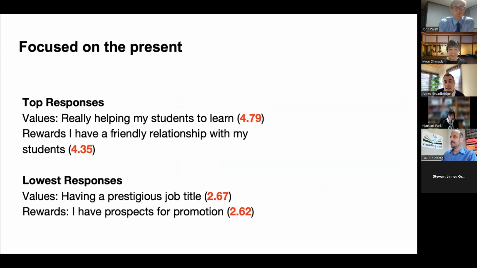In terms of our values and rewards, helping our students to learn and having a friendly relationship with students ranked highest, and at the lowest, this idea of having a prestigious job, on our values and on our rewards.